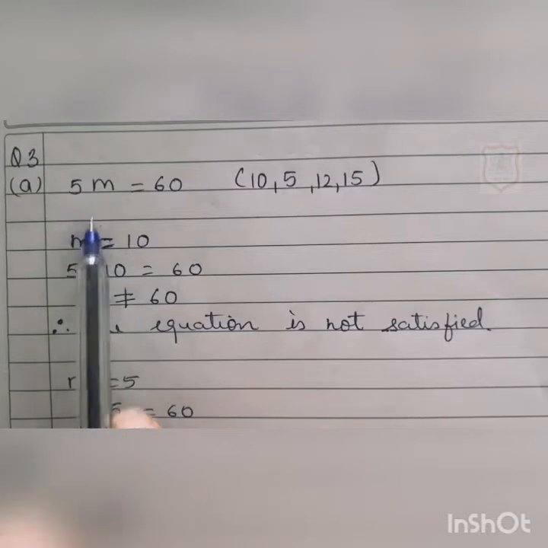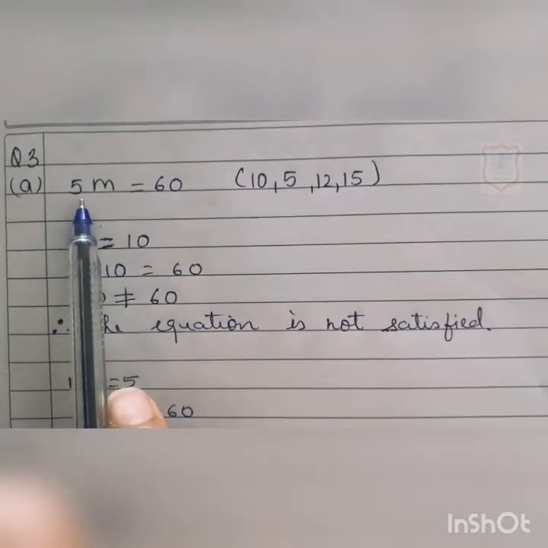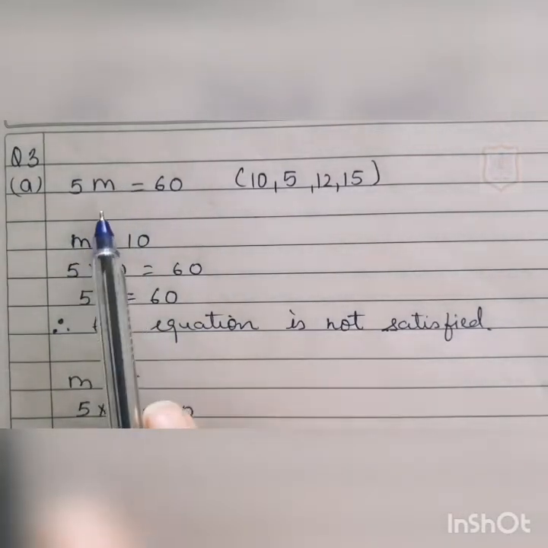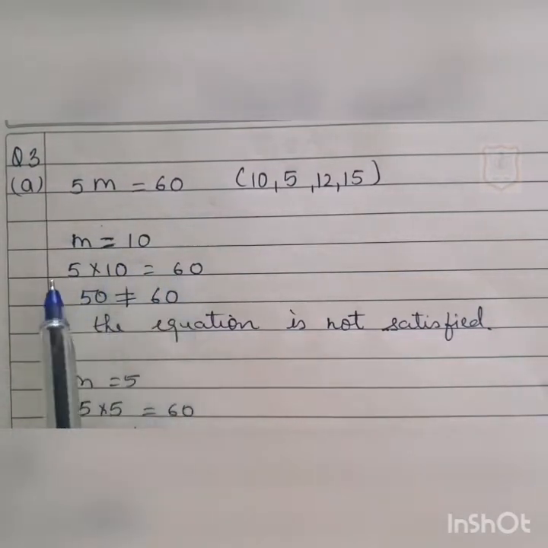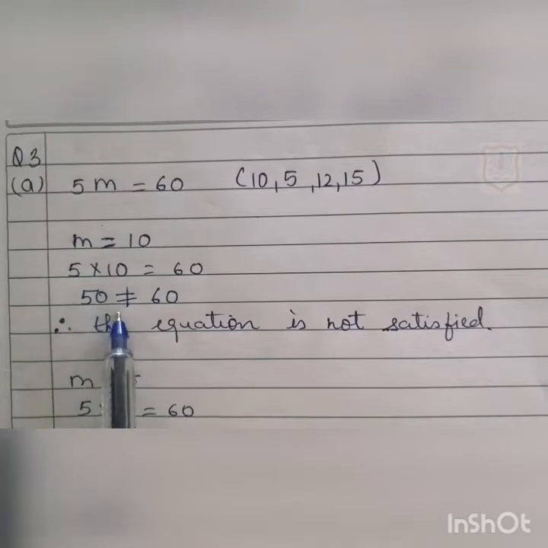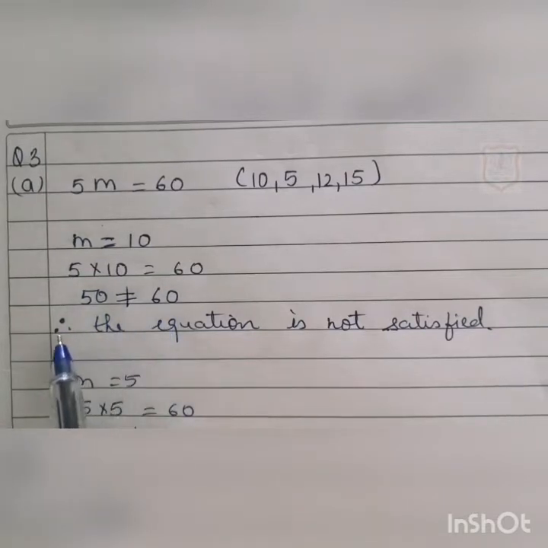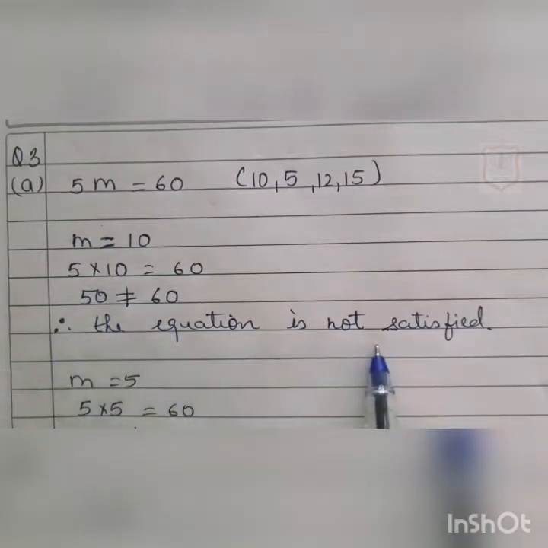If m is equal to 10, then we'll write 5m is equal to 5 multiplied by 10. Now we know that 5 into 10 is 50, not 60. So 50 is not equal to 60. Therefore, the equation is not satisfied.